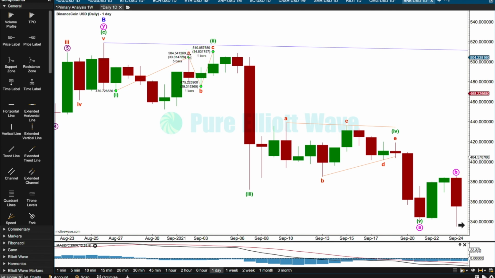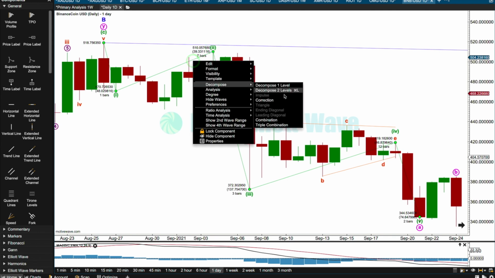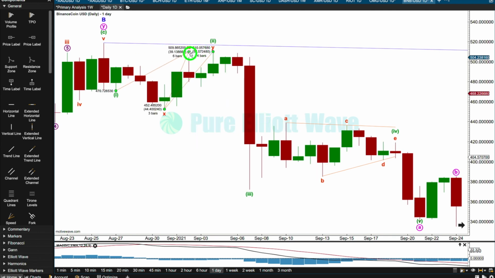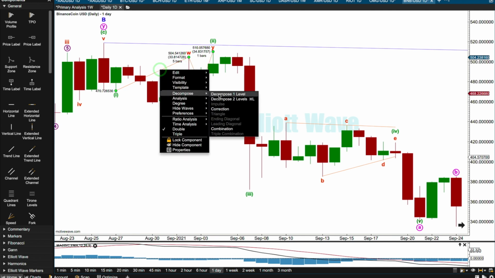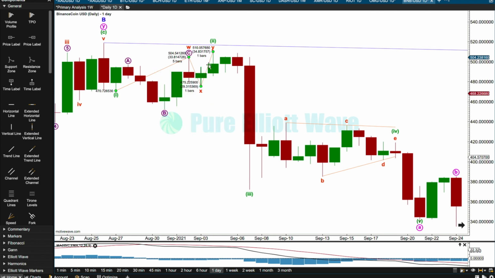Okay, is B 90% the length of A? No, it's only 87%. Darn it. Oh, I know. Okay, fine. I think maybe this is a combination: expanded flat for W, brief shallow X, and a little zigzag for Y. Yep, let's leave that. That's okay.